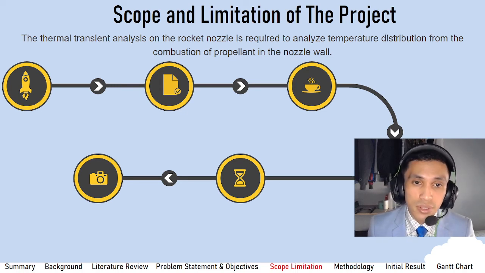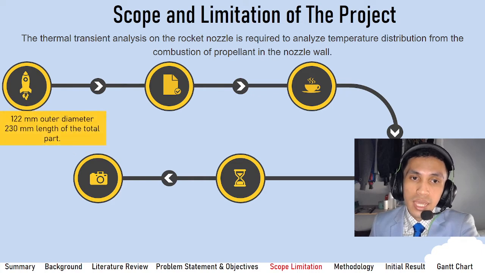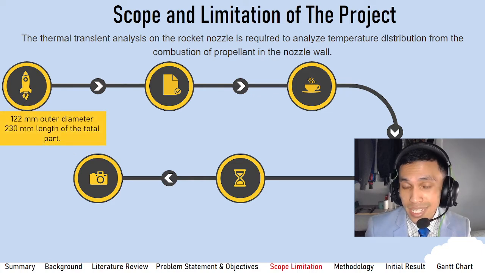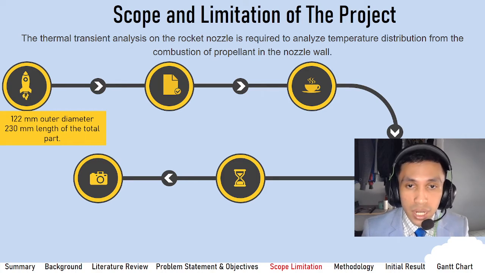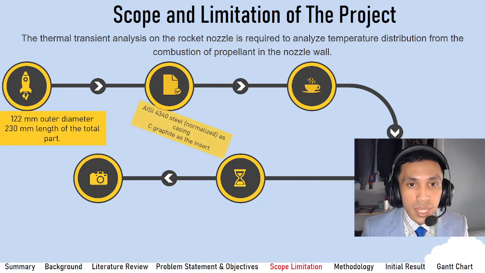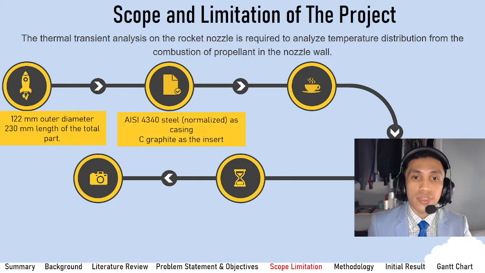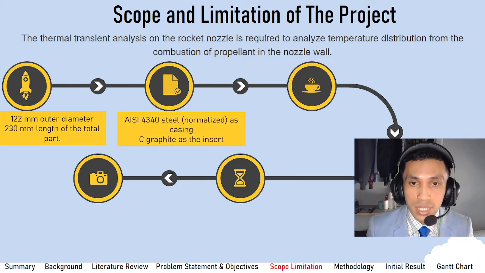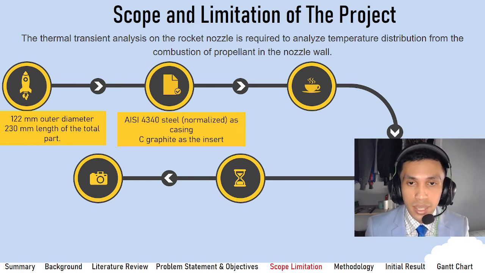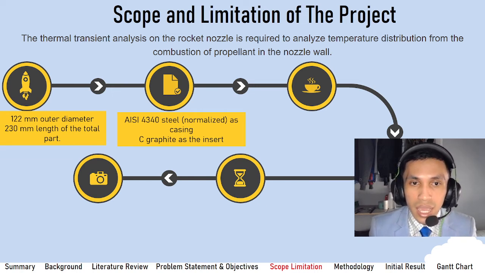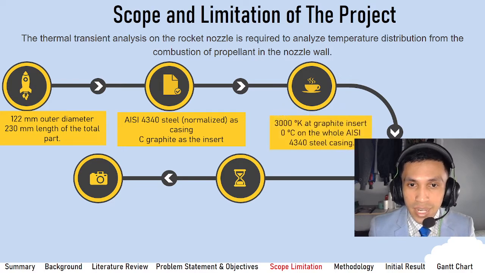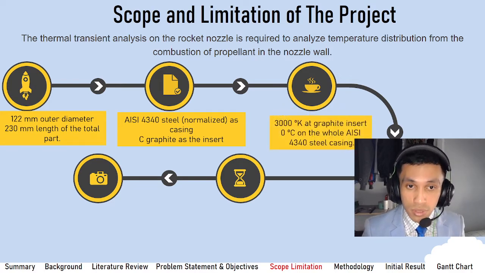So the variables involved are the geometry of the rocket nozzle: 122 mm outer diameter and 230 mm length of the total part. The material used for the thermal analysis in SolidWorks is AISI 4340 steel as the casing and C graphite as the insert of the nozzle.